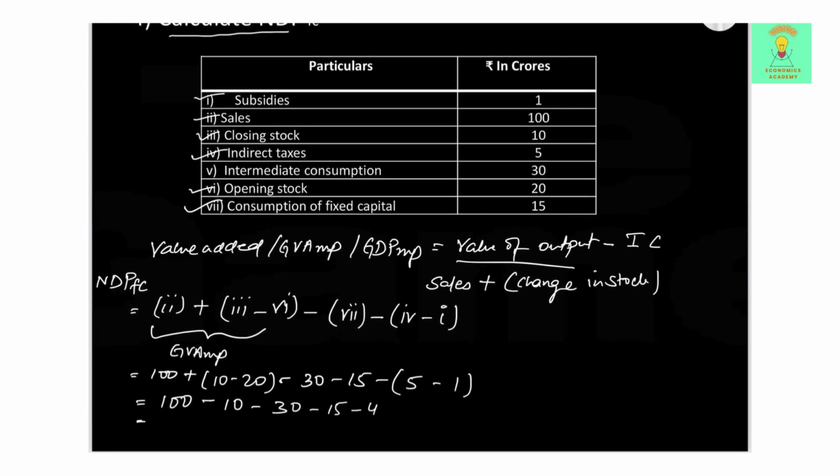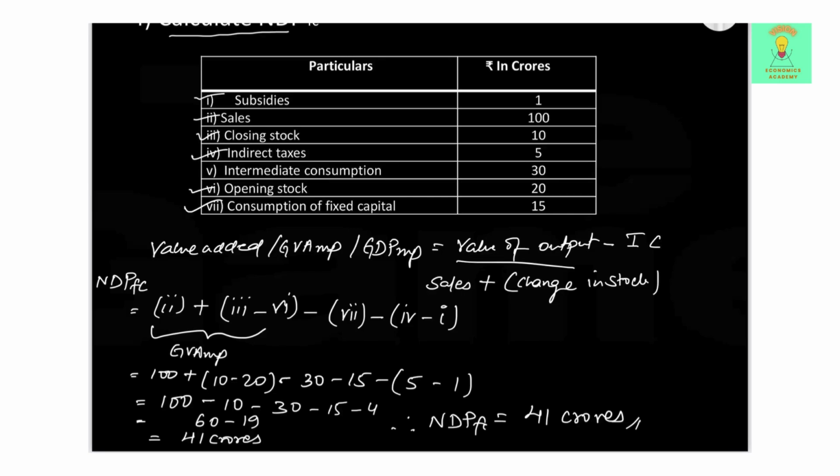Then what do we get is 100 minus 10 is 90, 90 minus 30 is 60, 60 minus 19 is 41 crores. So therefore NDPFC is 41 crores. Okay, so this is the answer.